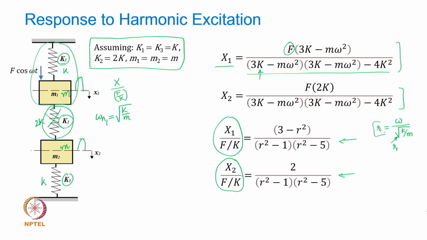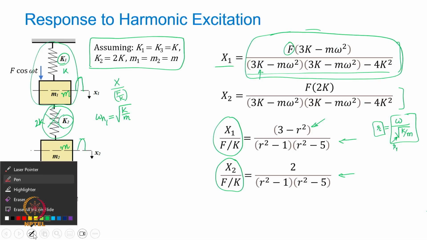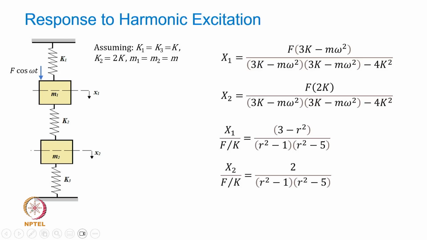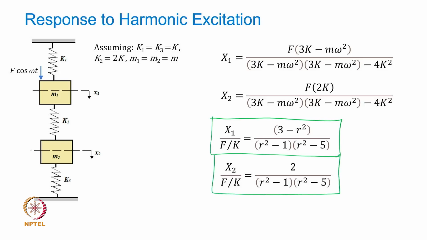So this r is the frequency ratio, and if I make sure that the frequency ratio is given by this, I will get this expression in terms of r. So this right hand side expression you can easily convert to this value. The intermediate steps are all now excluded just to focus on the response feature. So this is what I get as a dimensionless response of mass m1 and of mass m2 in terms of the frequency ratio.